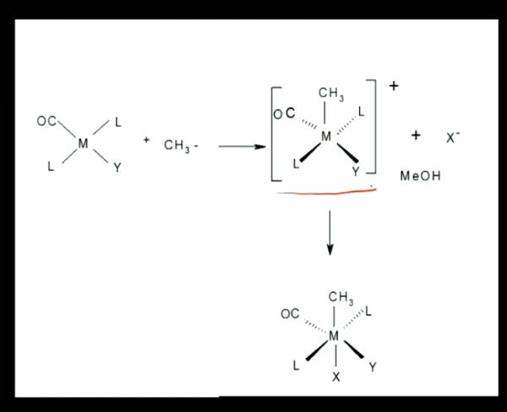But in most instances, in the case of Vaska's complex, the X minus attacks the iridium atom again in the trans position to the methyl group, and so if it attacks here, you end up with the trans coordinated methyl halide, and this is the Vaska's complex after oxidative addition. So, that is an octahedral complex.